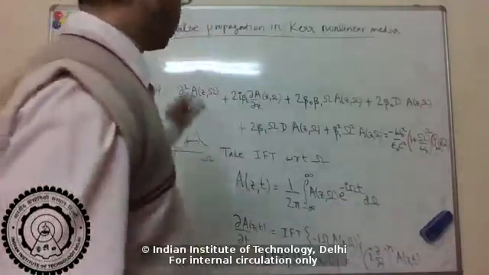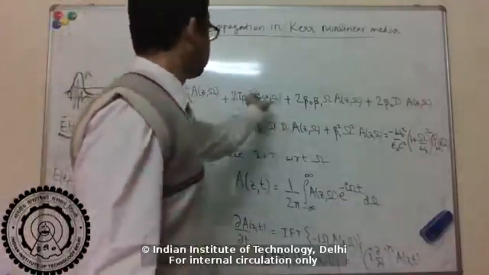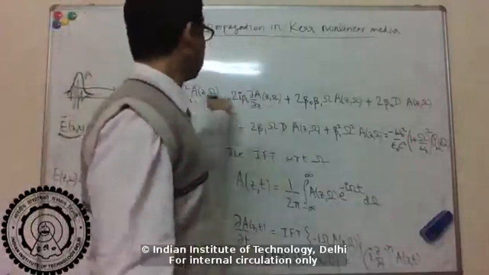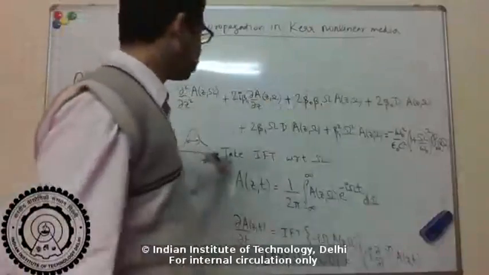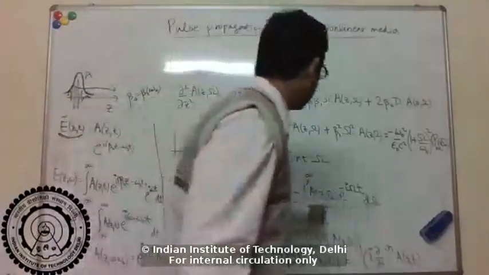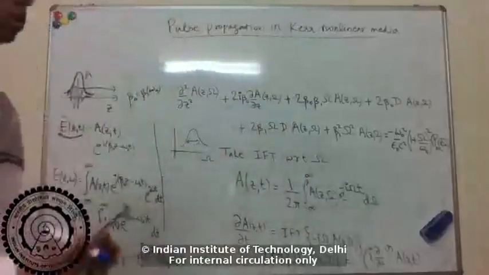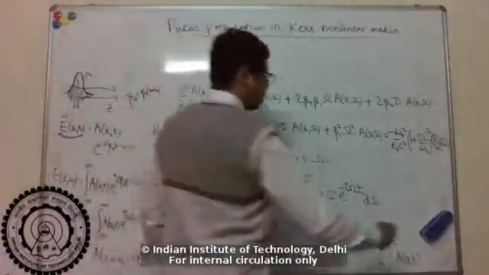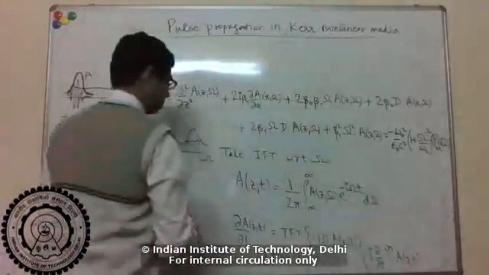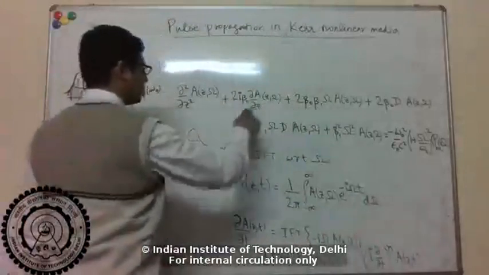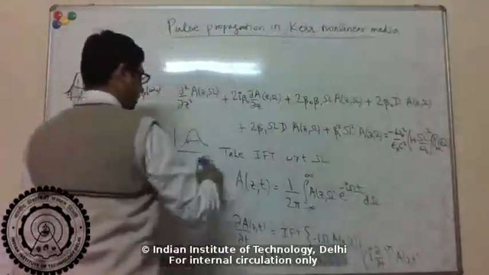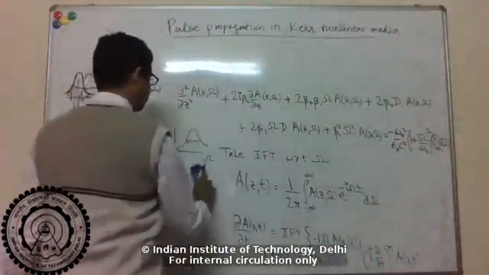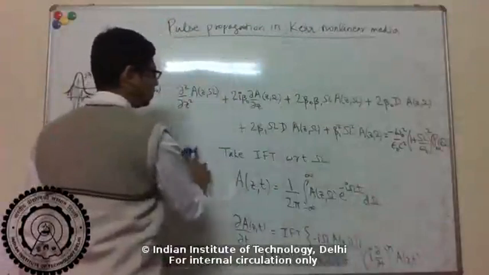We can't use this equation because there's the whole spectrum of omega. For each omega you have to solve and then integrate over omega, which is basically like going to the time domain. So we take the inverse Fourier transform of this equation and go back to the time domain.